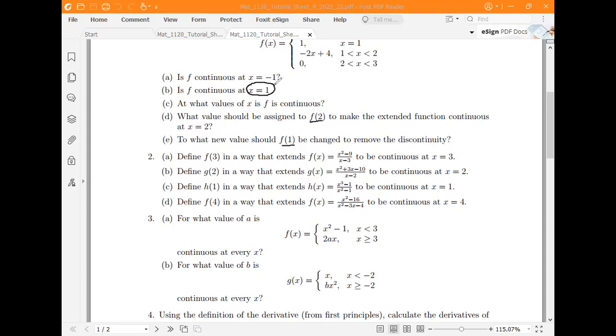Remember we said at x equals 1, f is not continuous, that meant f is discontinuous there. Why was it discontinuous? Because the limit value and f of 1 were different. So to make them the same, what should f of 1 be? That's what this question is asking. So it should be the value of the limit.